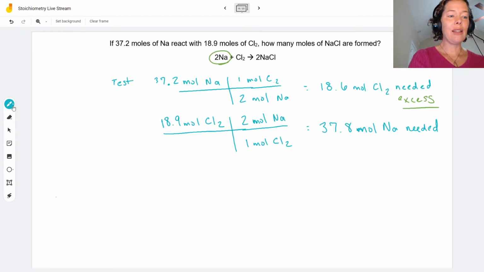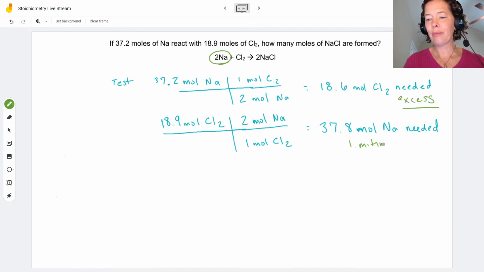So again, this points to sodium being the limiting reactant. I have already circled it in my chemical equation. And again, I like to make sure I underline here so that I know for sure what I need to use when doing my stoichiometry.